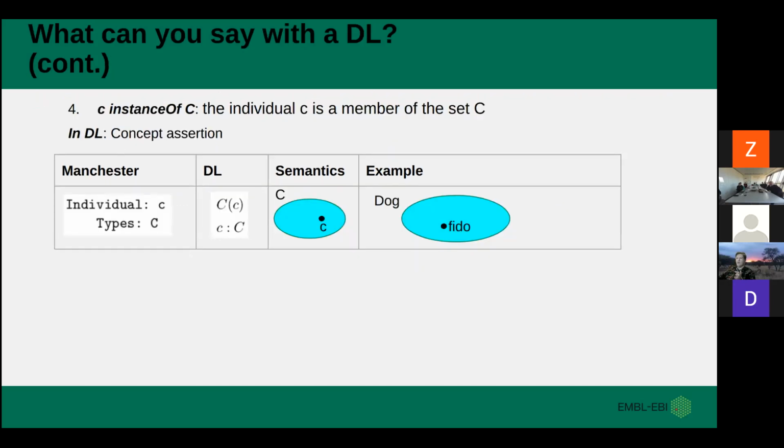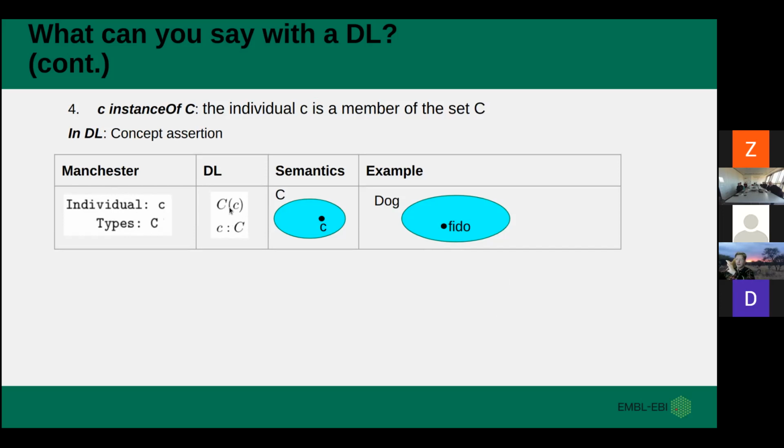Yes. You can also state that an individual is an instance of a certain class. This is in description logic referred to as a concept assertion. In Manchester syntax, you say you've got individual C, and actually I should have class C here as well, and then you say its type is C. There are two notations for concept assertion.